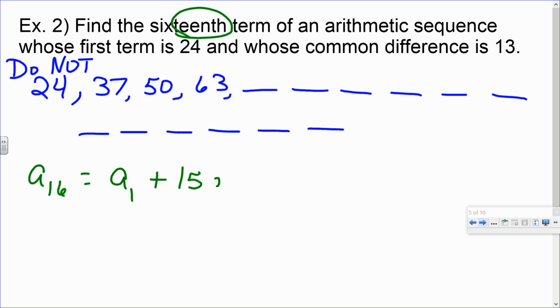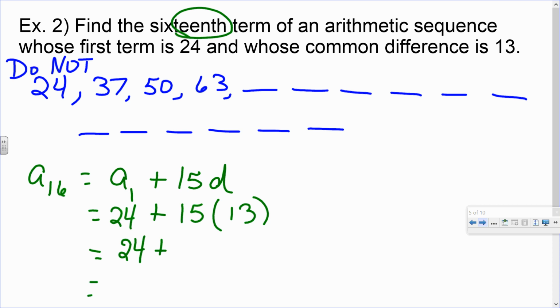So all I have to do, I don't have to do the 16 minus 1, just the A1 plus 15D. Do I know A1? Do I know D? Okay, with or without calculator help? Figure that out for me.